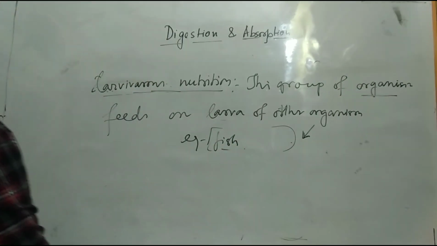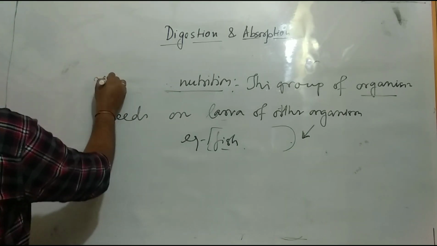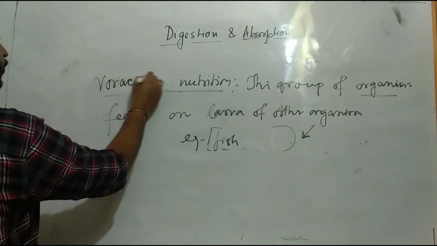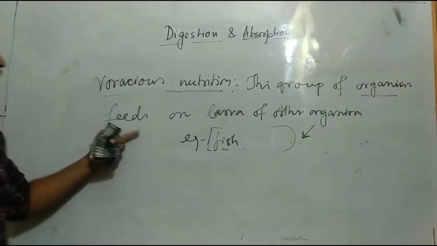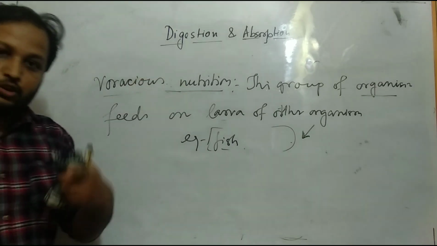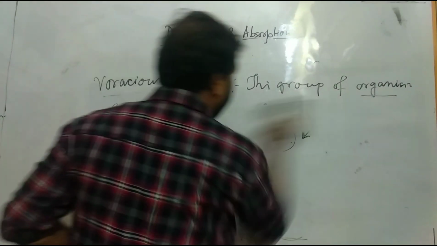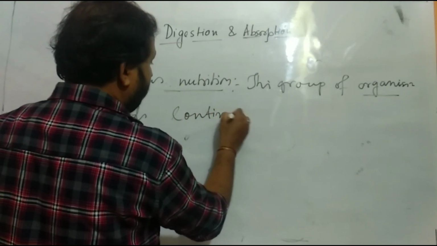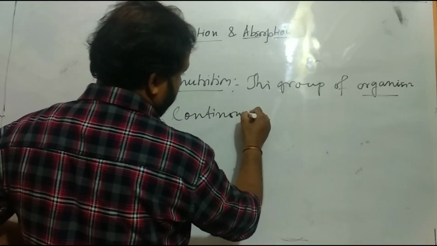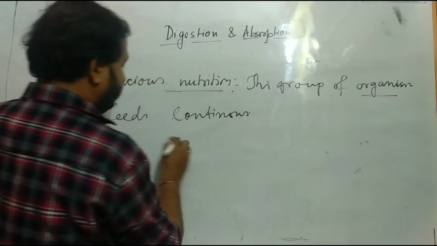Next group is voracious nutrition. This group of organisms feeds continuously. Whether the stomach is full or not, they feed continuously.